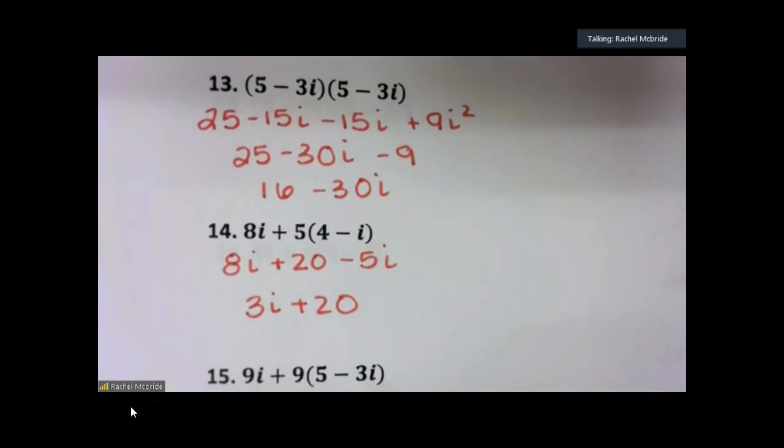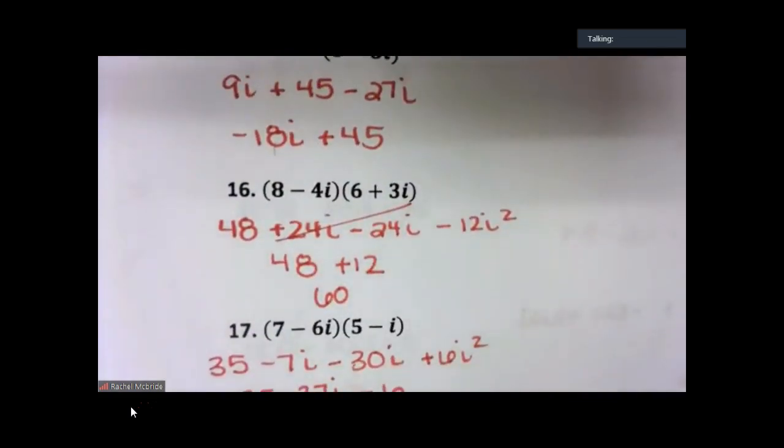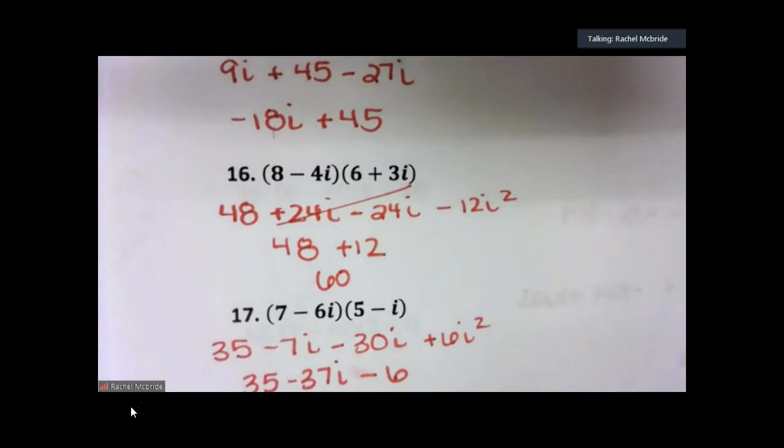You're FOILing. So it's first, outer, inner, last. Always changing i squared to negative 1 and combining like terms. 15 and 16. Now in 16 we have a case in which the middle terms cancel, and therefore you end up with a numerical answer because all the i's cancel.